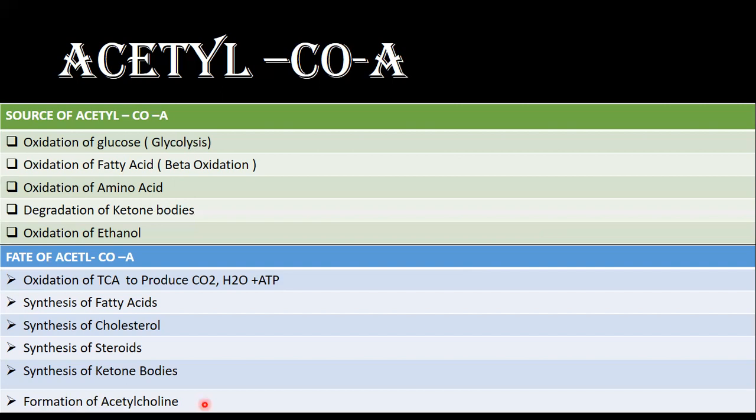How acetylcholine is formed, we have already seen in yesterday's lecture when we talked about neurotransmitters. When there is donation of the acetyl group for synthesis of acetylcholine, acetyl-CoA combines with choline and forms acetylcholine. So remember this, it comes in the fate of acetyl-CoA.